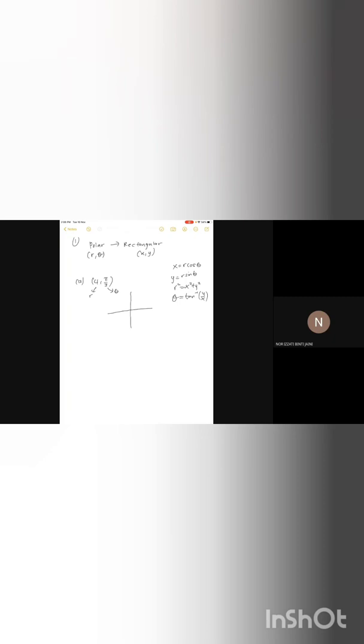So length ni boleh letak mana-mana sajalah. However, the theta must be precise. Pi over 3 is in the first quadrant, kan. Let's say somewhere here, pi over 3. So this point means this length is 4, r equals 4. So this point is 4, pi over 3.